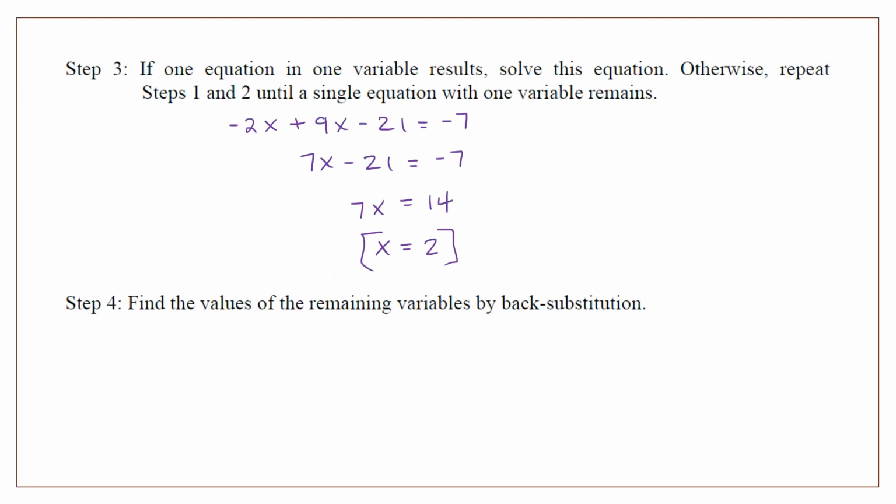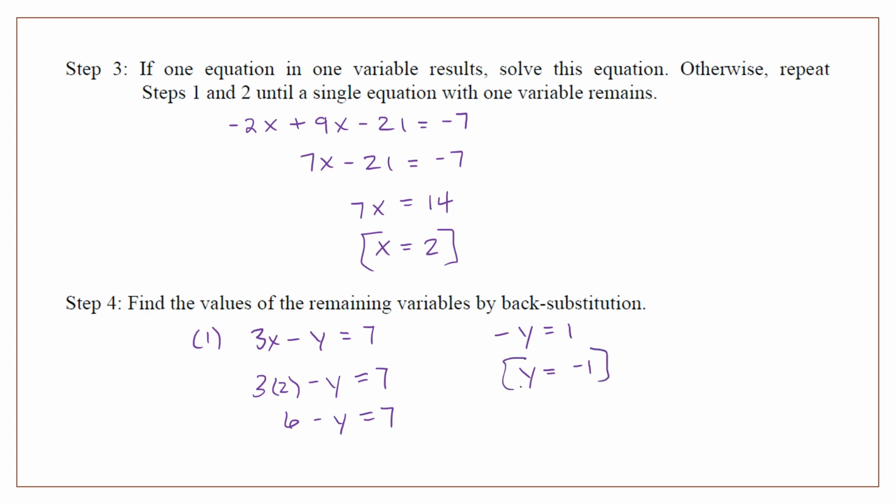So you want to use one of the equations from the original system of equations in order to find your other values. So we're going to use equation number 1, 3x minus y equals 7. And I'm now going to substitute 2 in for x so that I can find y. So now I have 6 minus y equals 7. So minus y equals 1. So y equals negative 1.